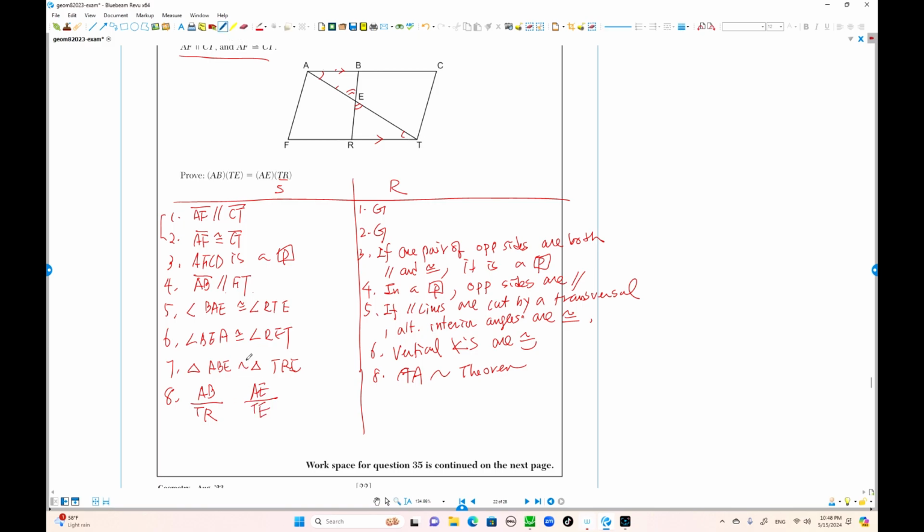In similar triangles, corresponding sides are in proportion, okay? After that, you can use cross multiplication, okay?